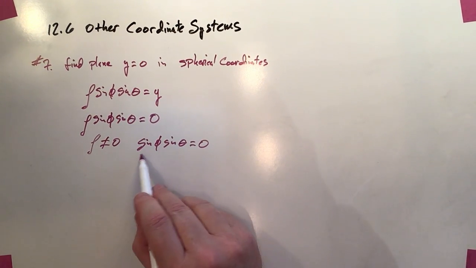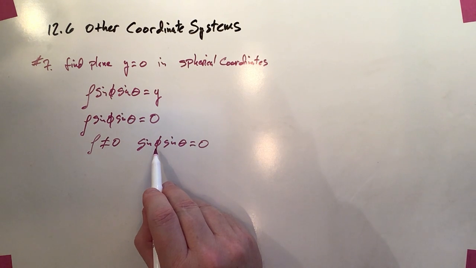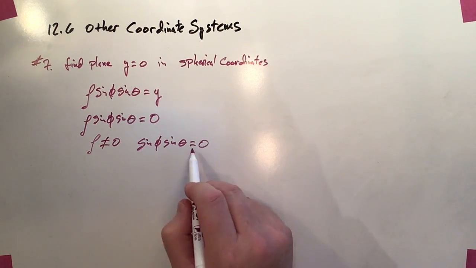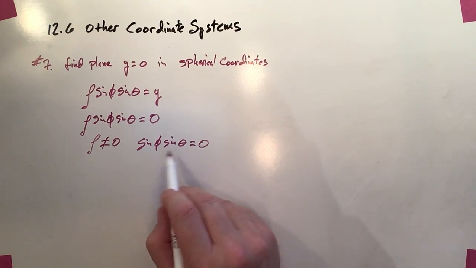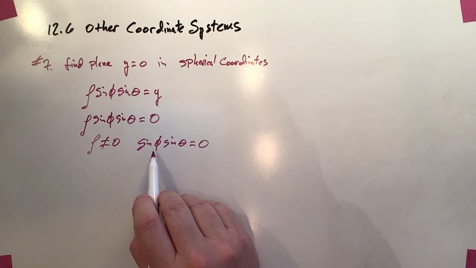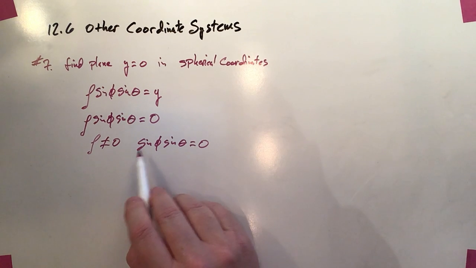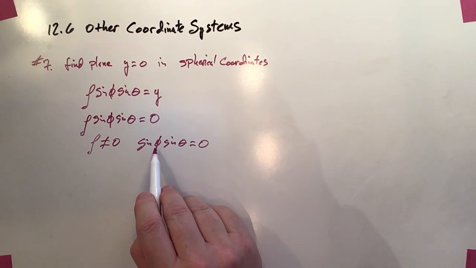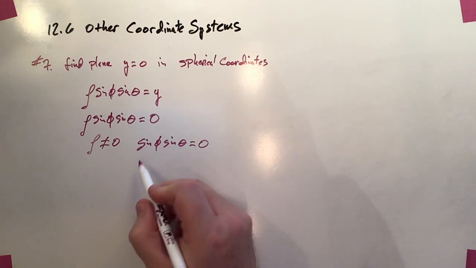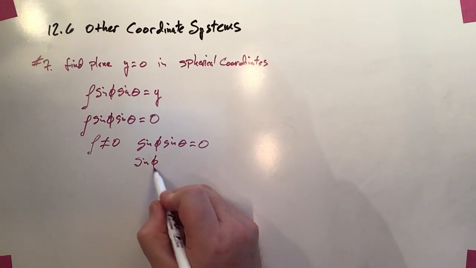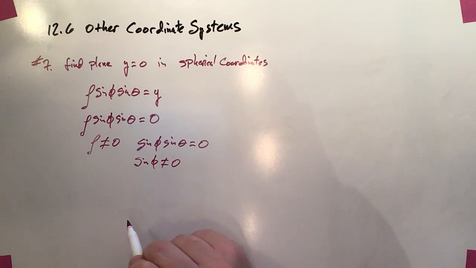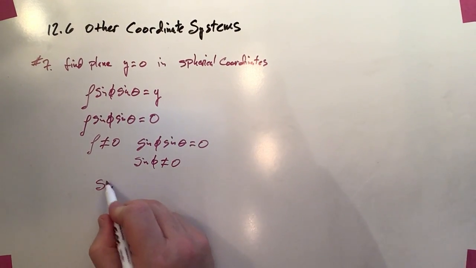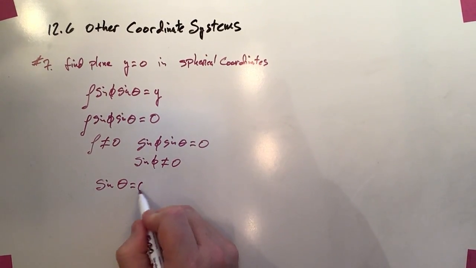So once again, sine of phi being equal to 0 only occurs at one time, and that's when rho runs along the z-axis. For all other points that rho points to, sine of phi will not be equal to 0. So in general, sine of phi is not equal to 0. Well, that leaves us with sine of theta equals 0.